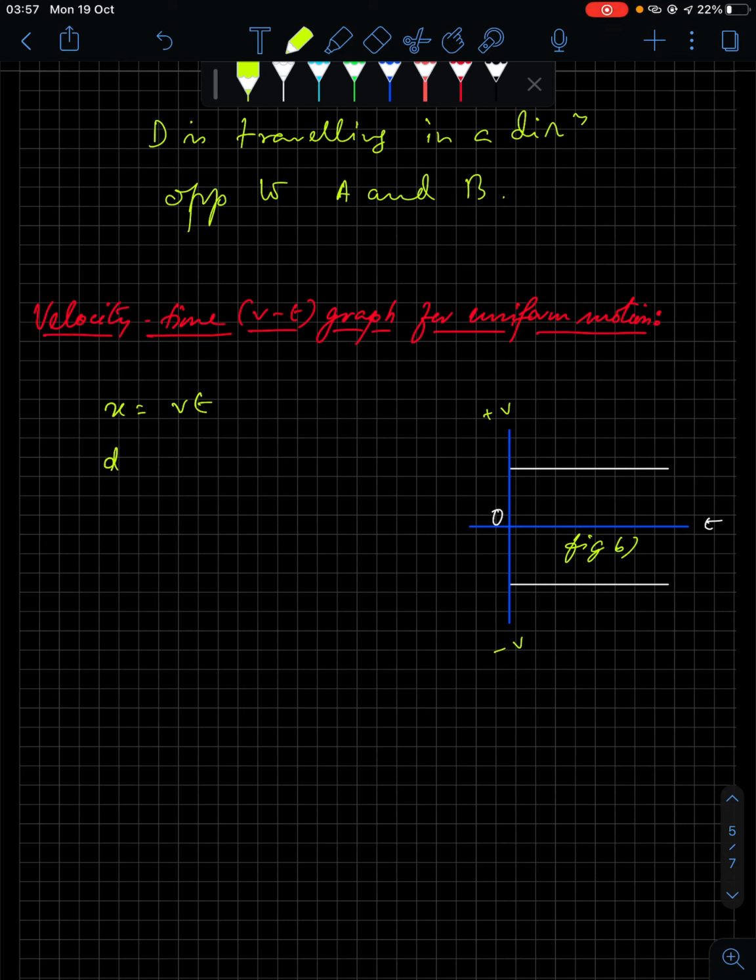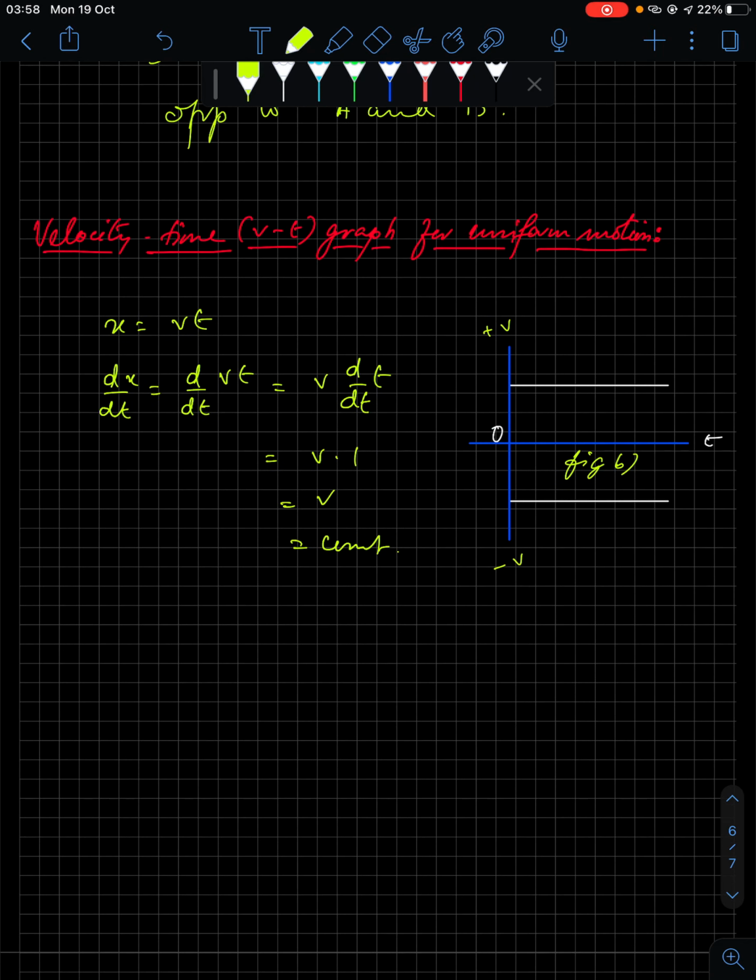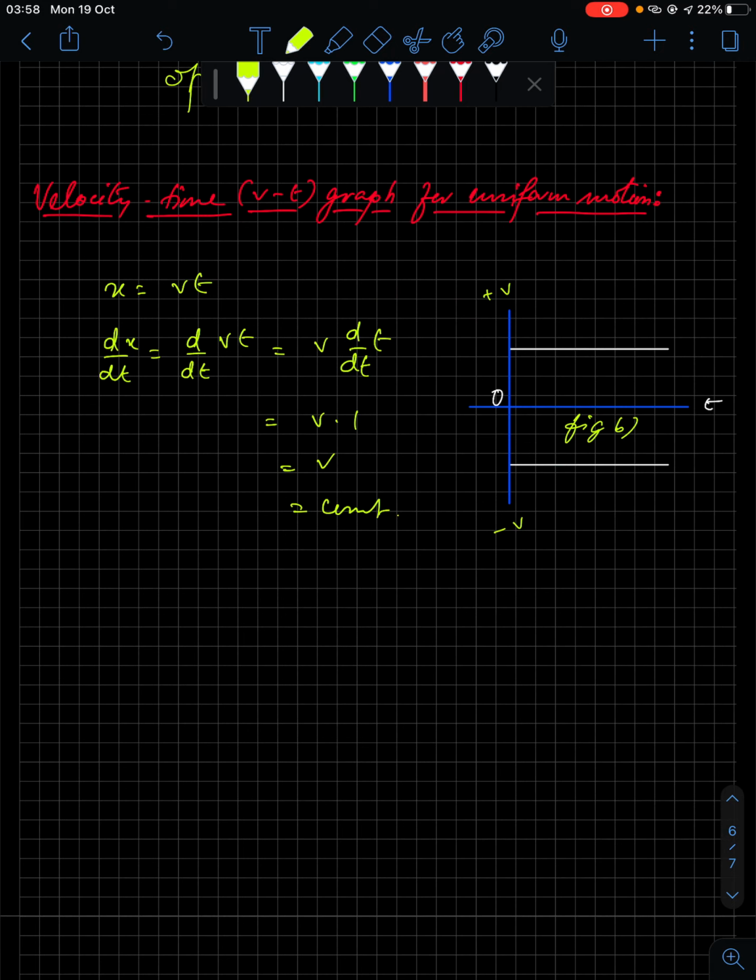Now if we differentiate x with respect to time, d/dt of x, so v is a constant, right? So d/dt of x means d/dt of vt. So v taken common, it gives you d/dt of t. So d/dt of t is 1. So v into 1, that is v. So v is a constant. You already know because this is the case of uniform motion.